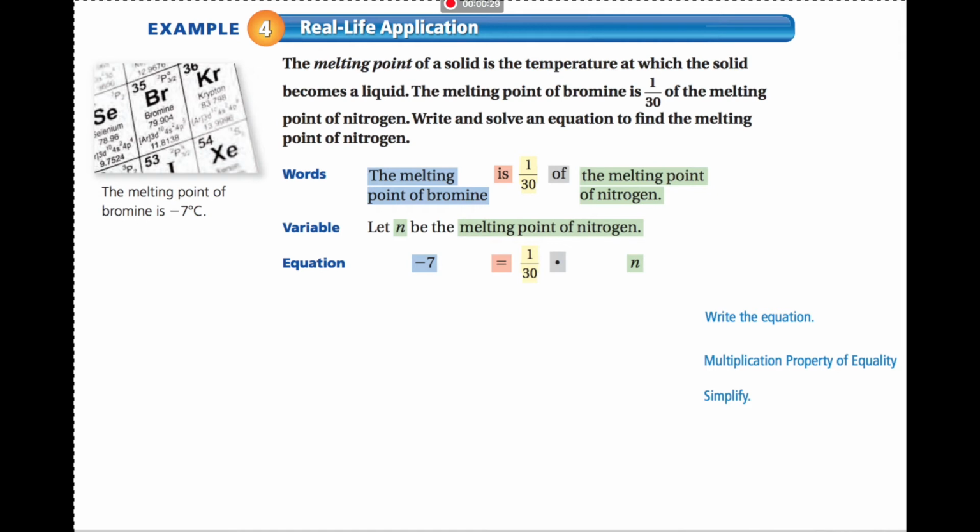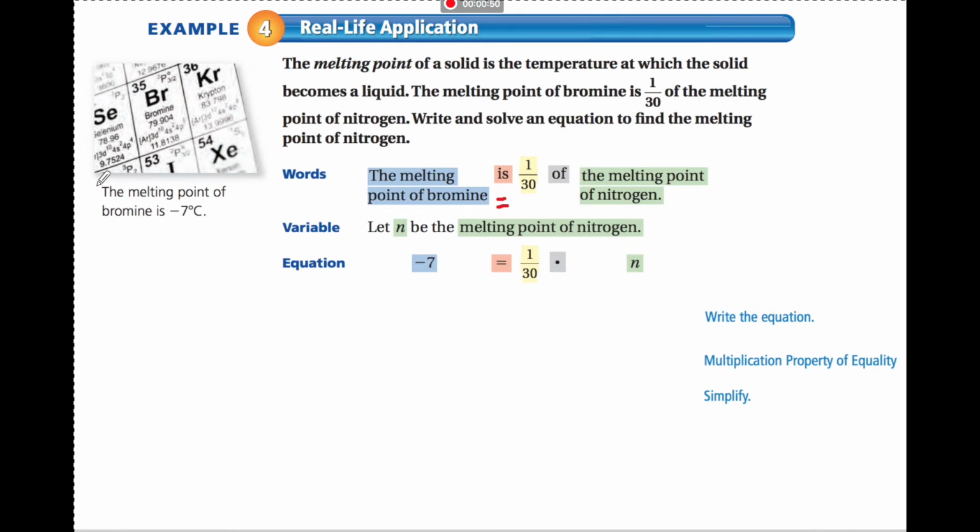So from this word problem, we have to put together an equation to solve. So in words, the melting point of bromine is, which is our magic word for equals, 1/30 of the melting point of nitrogen.